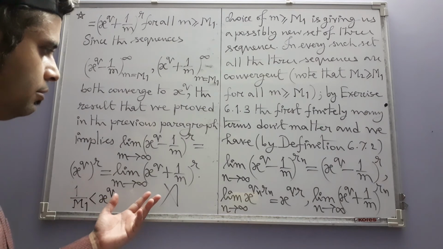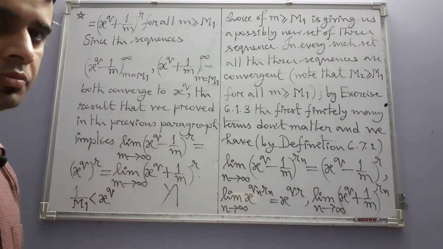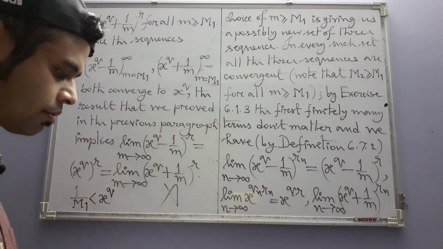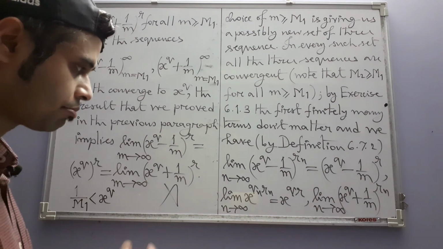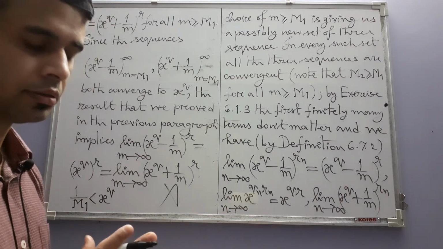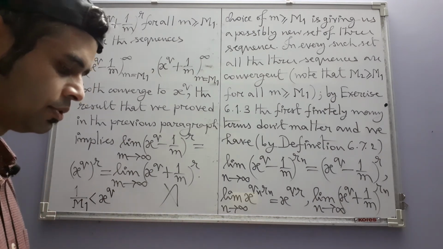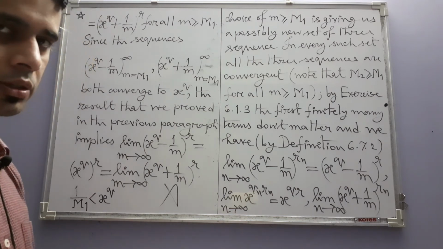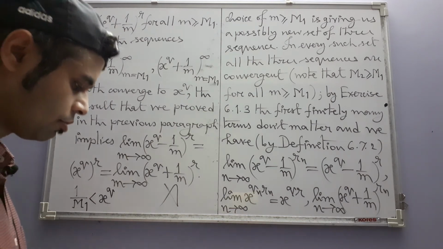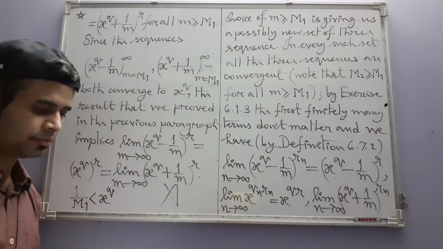Okay, it's incomplete. So that means I have to complete it and then come back in the next video with a correct proof, which I don't know how I am going to do, so I will just try. Hopefully I will find it.